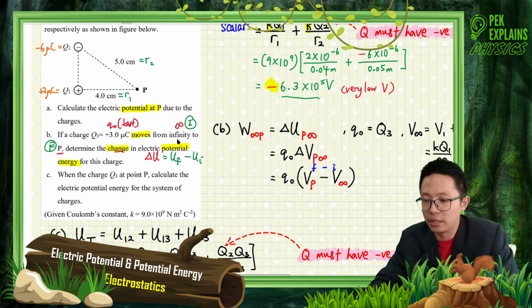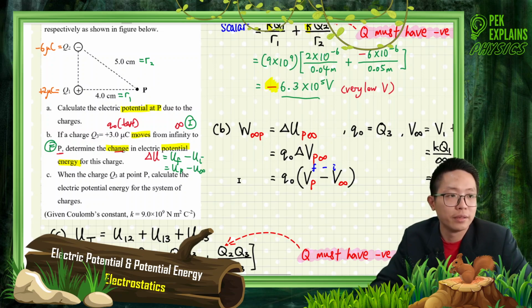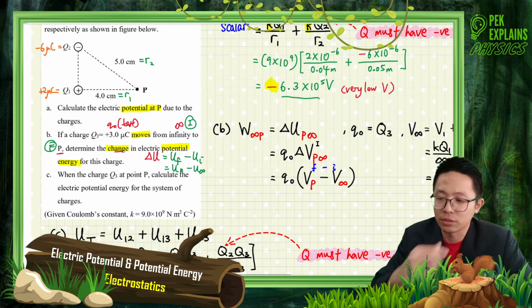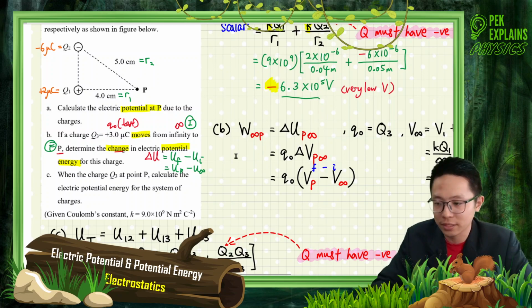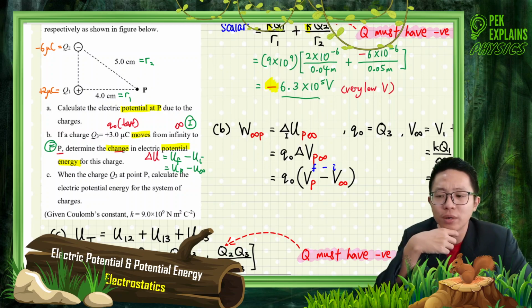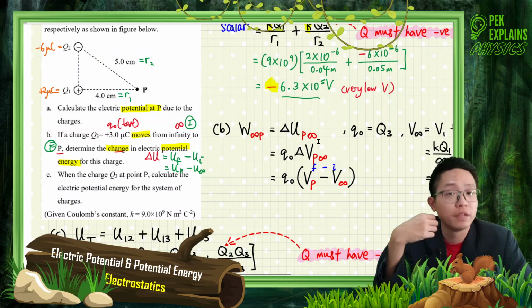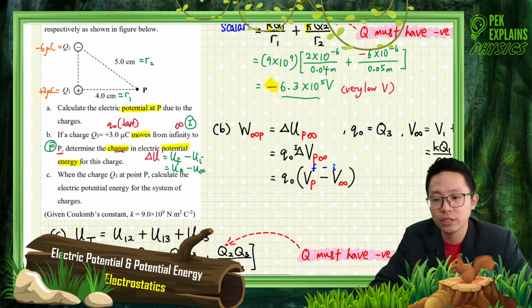So it is U P minus U infinity. That's how you get this one, delta U P infinity. The question actually wants delta U P infinity, final minus initial.